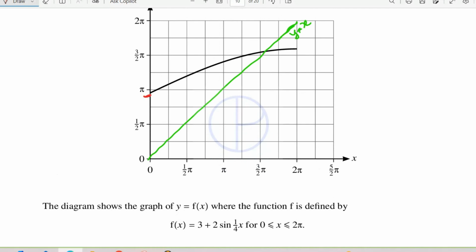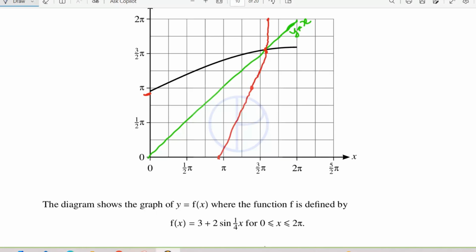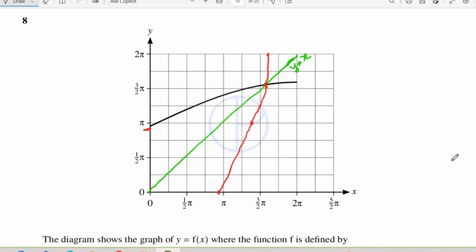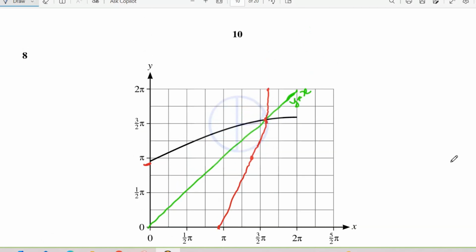So this will come here. So we need to reflect the curve. You get a curve like this. So this is f inverse of x and this is f of x.